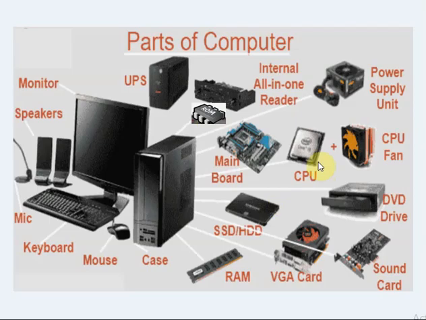The first component is the CPU, central processing unit. We call it a microprocessor or main processor. This is considered to be the brain of the computer system. Entire processing is done here, and there will be a cooling fan because this generates heat. You can fix this processor to this socket.